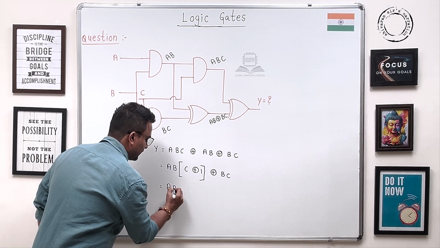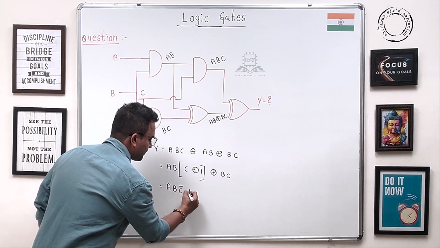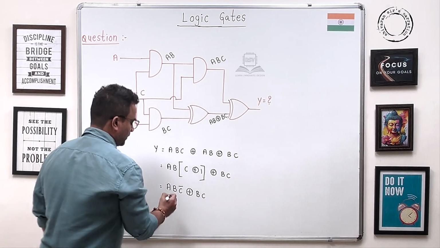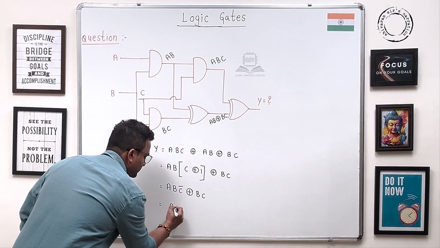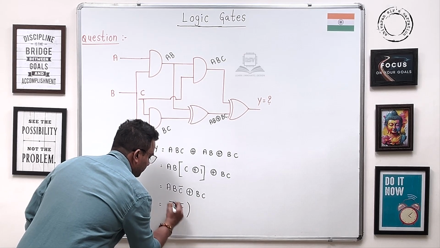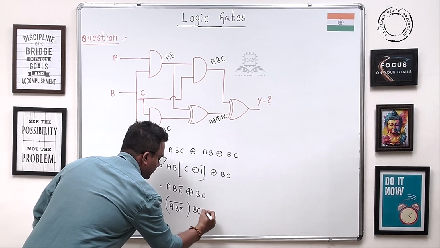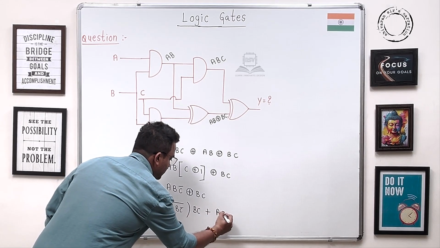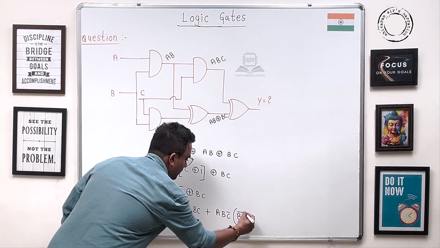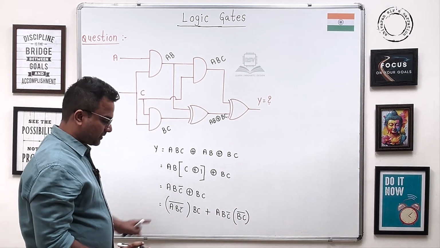Hence it is ABC bar XOR BC. Now here, if you perform the XOR operation, it is (ABC bar) whole bar into BC plus ABC bar into (BC) whole bar. This one, guys.